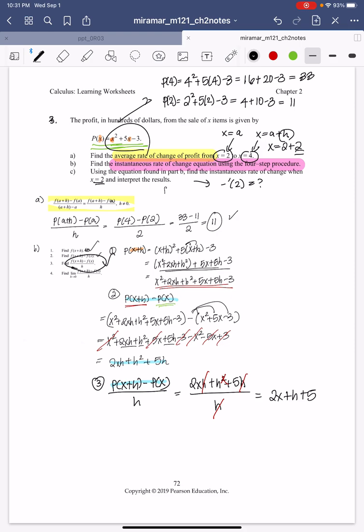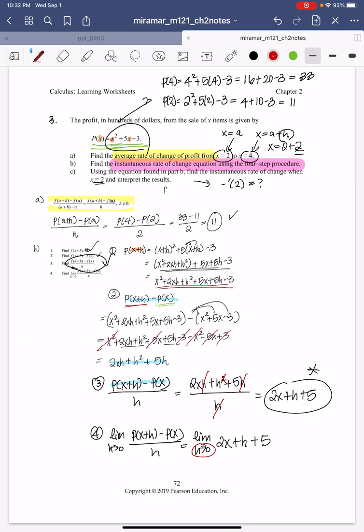And step 4 is finally taking the limit of this function. So step 4, limit as h goes to 0 of p of x plus h minus p of x all over h, which is the limit as h approaches 0 of 2x plus h plus 5. So h gets replaced with 0.